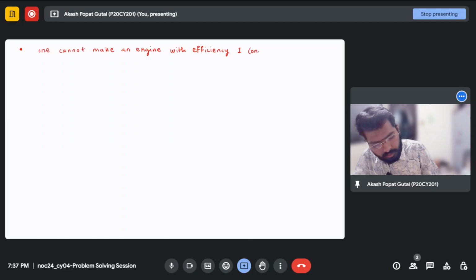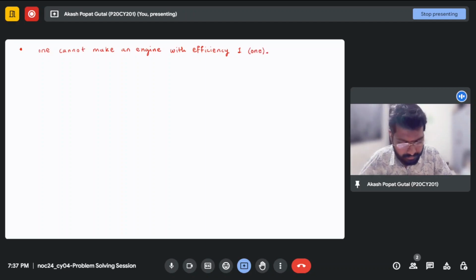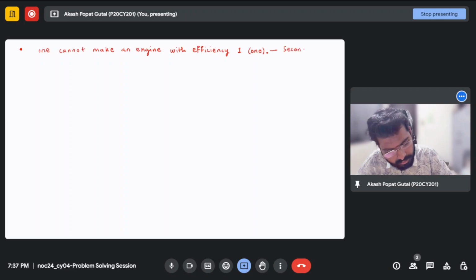So one cannot make an ideal engine which has efficiency 1. That is also one statement of the second law of thermodynamics.